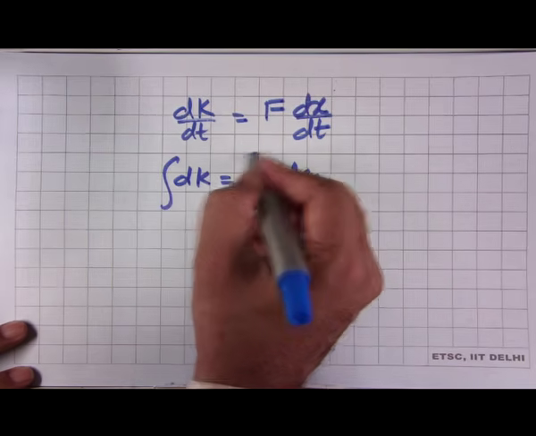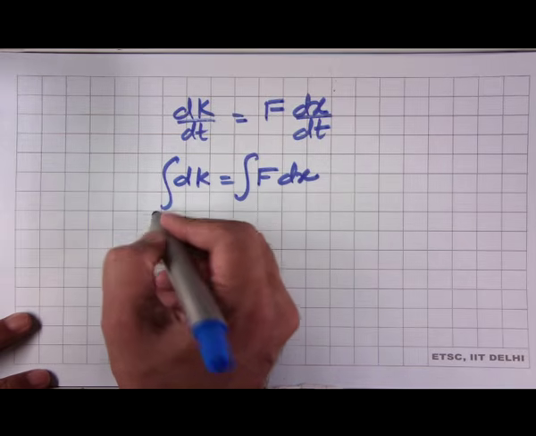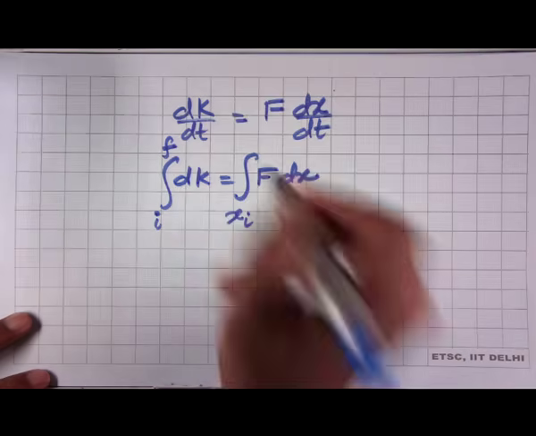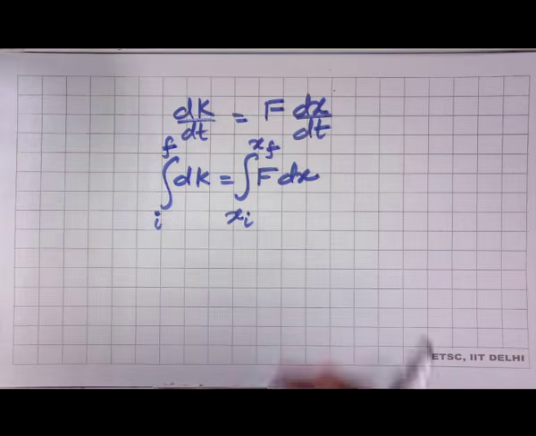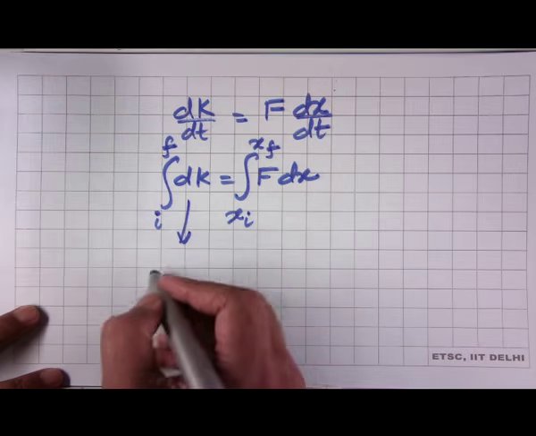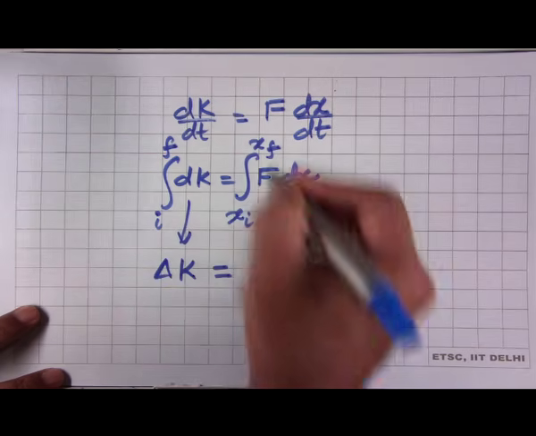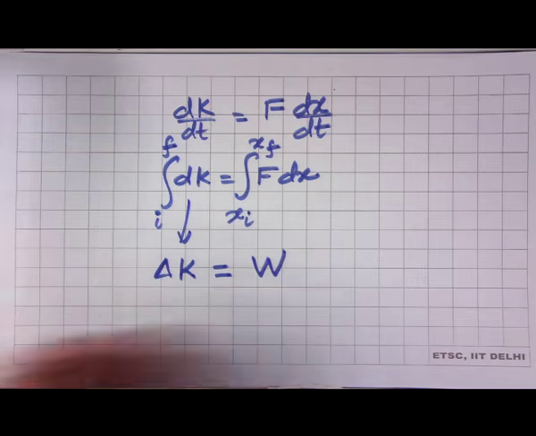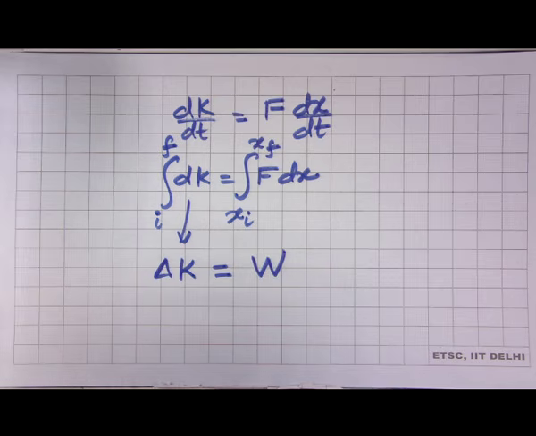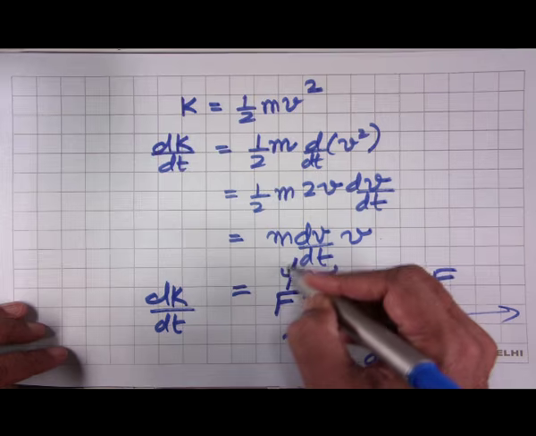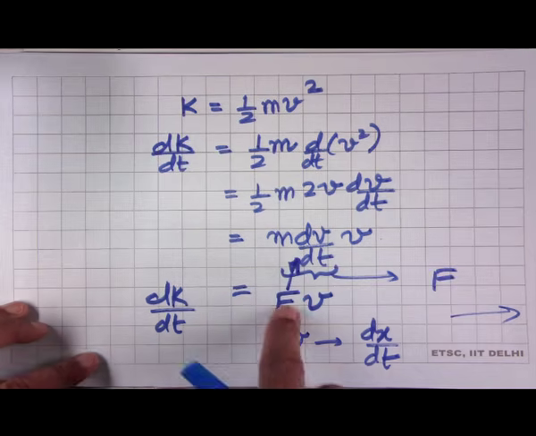If we integrate this, we get the integral from state i to state f of dK equal to the integral of F dx from xi to xf. The integral of dK from i to f is nothing but the change in kinetic energy, and the integral of F dx from xi to xf is nothing but the work done by the force F. So, to get this expression we have used Newton's second law, F is equal to ma.